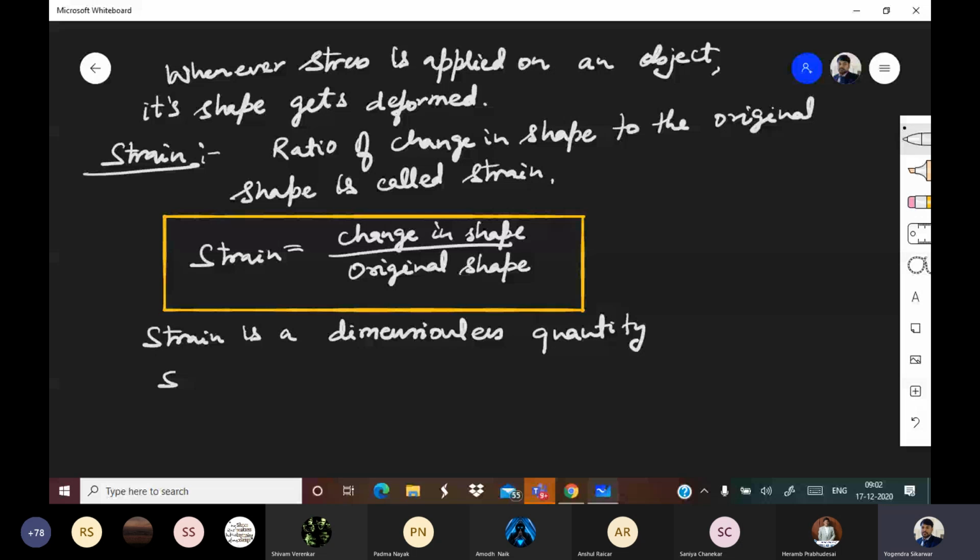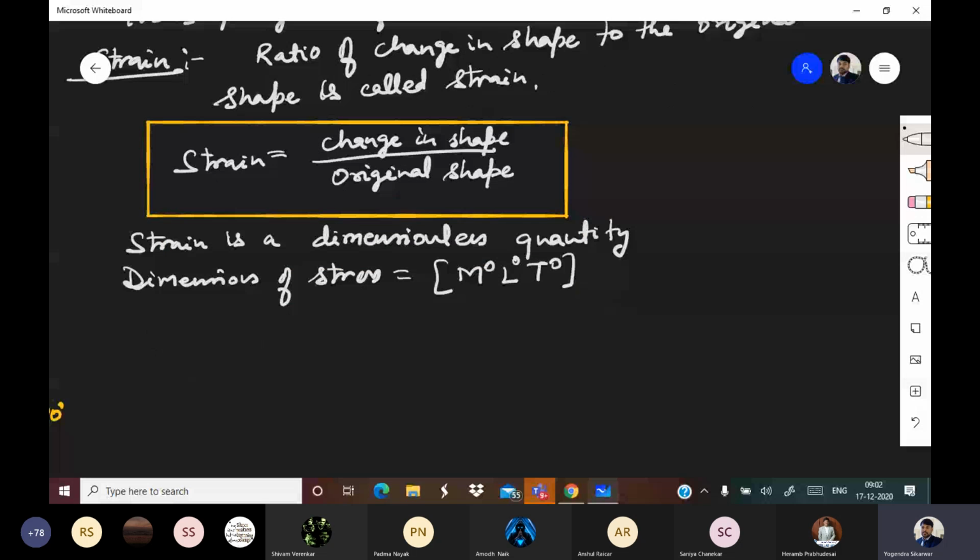Now, how many types of strains are there? On the basis of the type of stress applied, strains are also of three types.